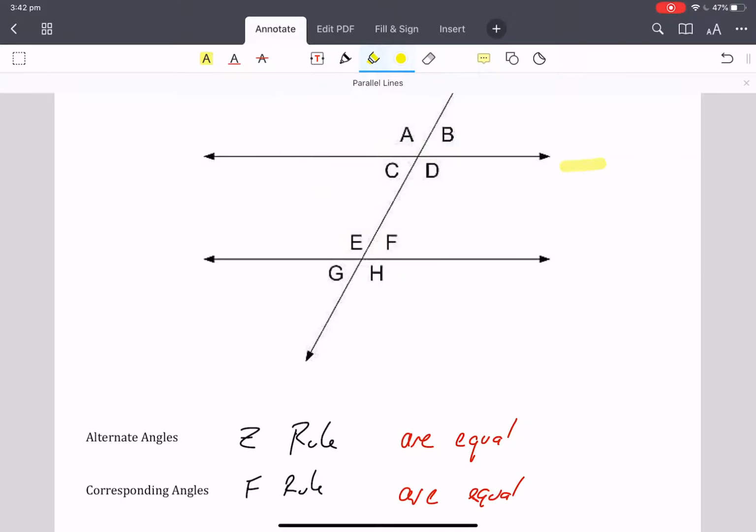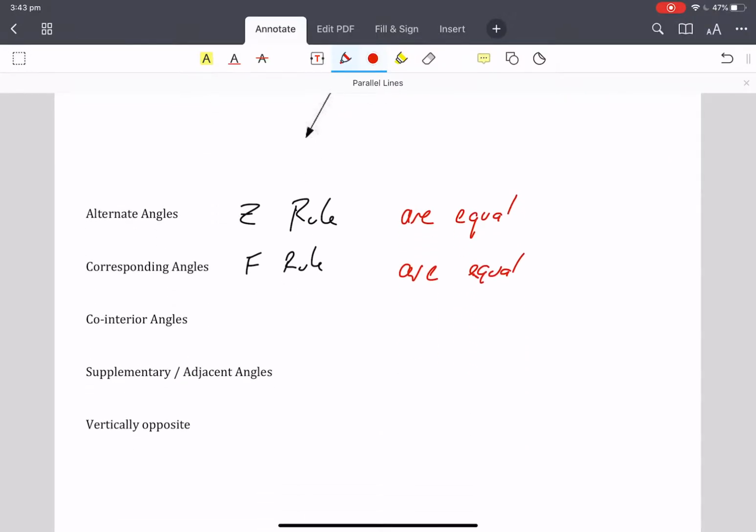If I was walking up this line and I turned left and then I turned left again, I will have turned through 180 degrees, and that's how you remember that inside here, D plus F add up to 180 degrees. D and F are both on the inside of that little track there, inside, co-interior.